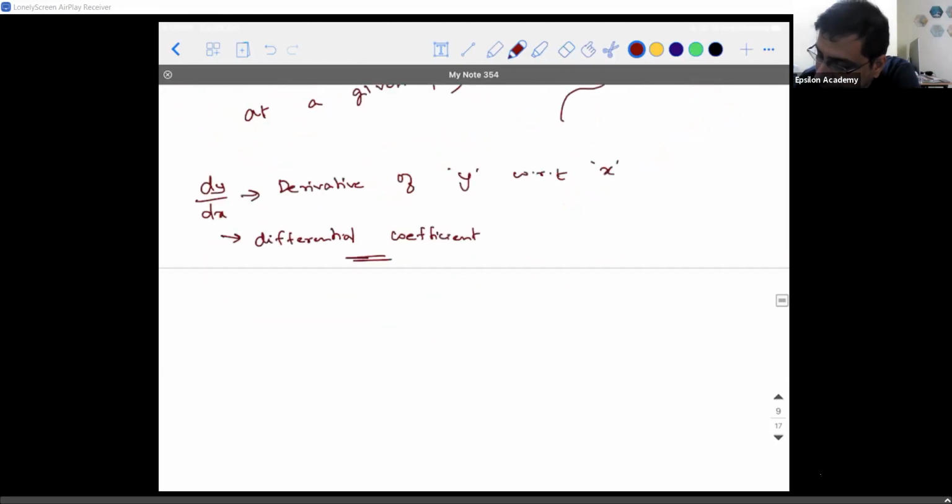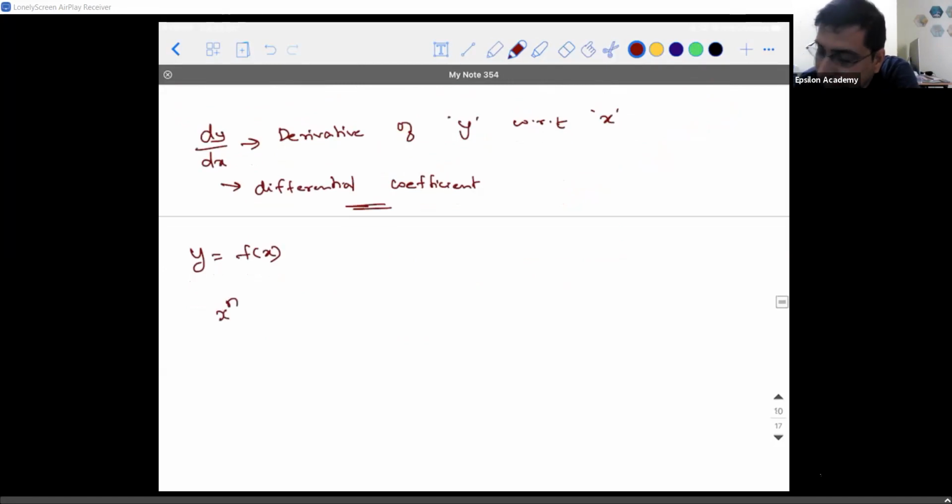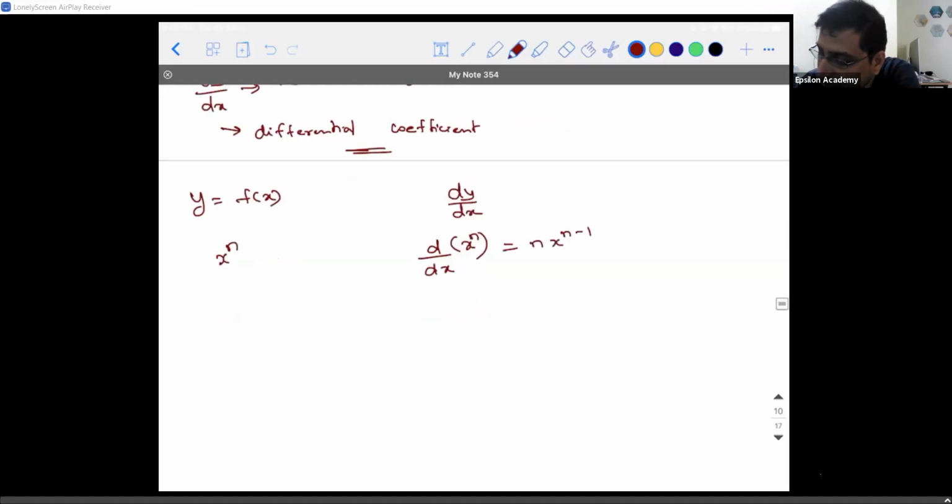So suppose y is equal to f of x, if the function that is given to you is x power n, then the derivative of it, dy by dx, that is d by dx of x power n, is n into x power n minus 1. Similarly, if the function given to you is sin x, then d by dx of sin x is given as cos x.